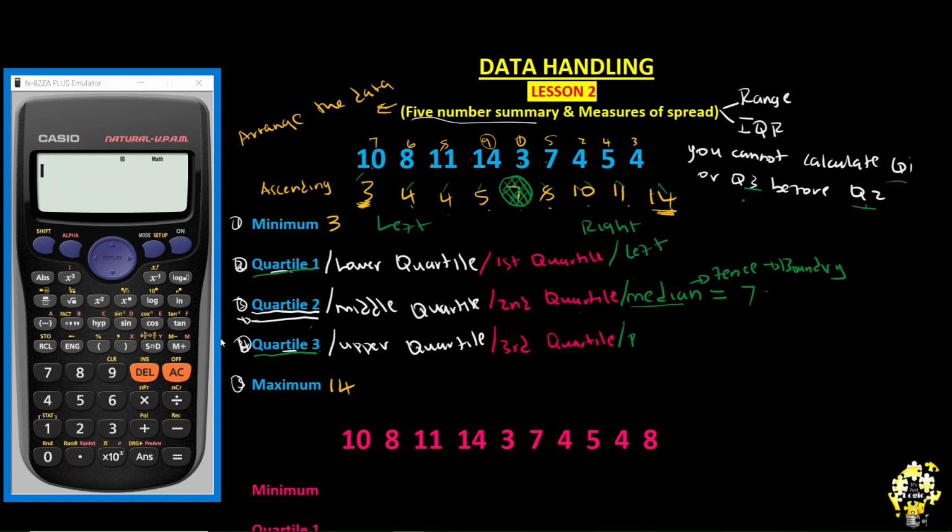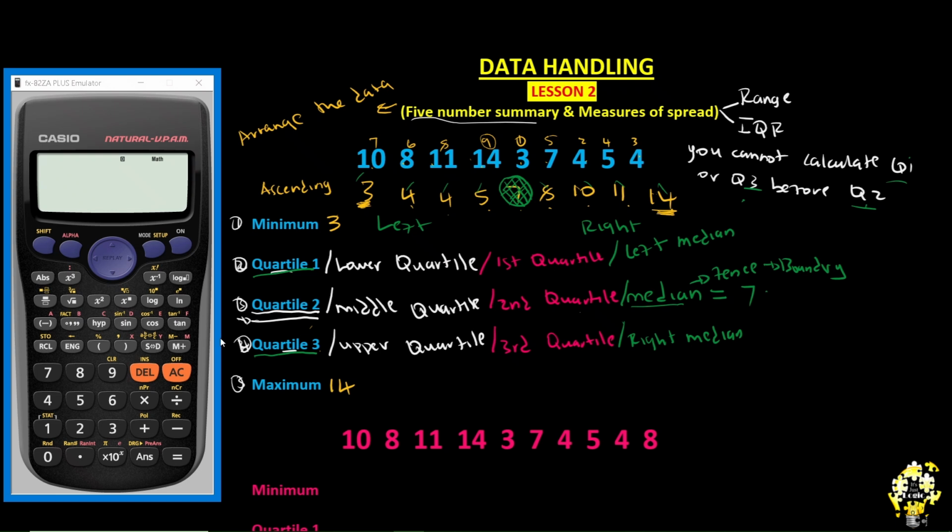Quartile 3 is what you are going to get on your right. In simple terms, quartile 1 is the median on your left, the left median. Quartile 3 is your right median. All the quartiles are middle numbers, but you need the first middle number, which is quartile 2.